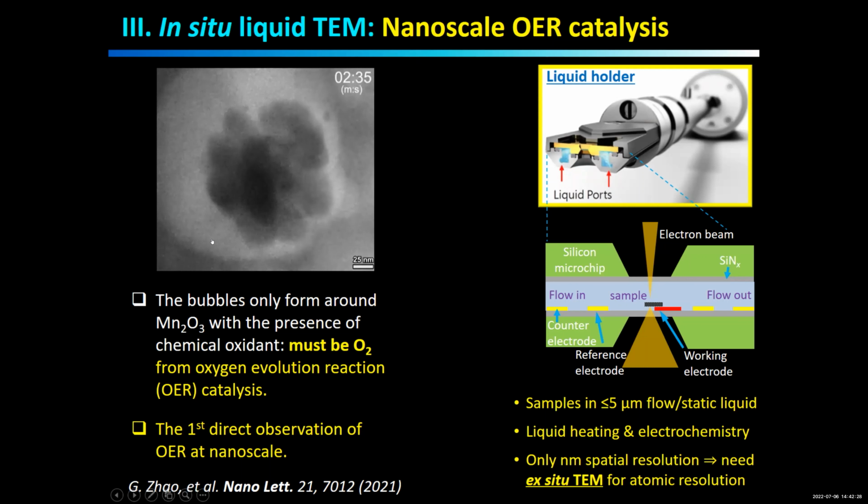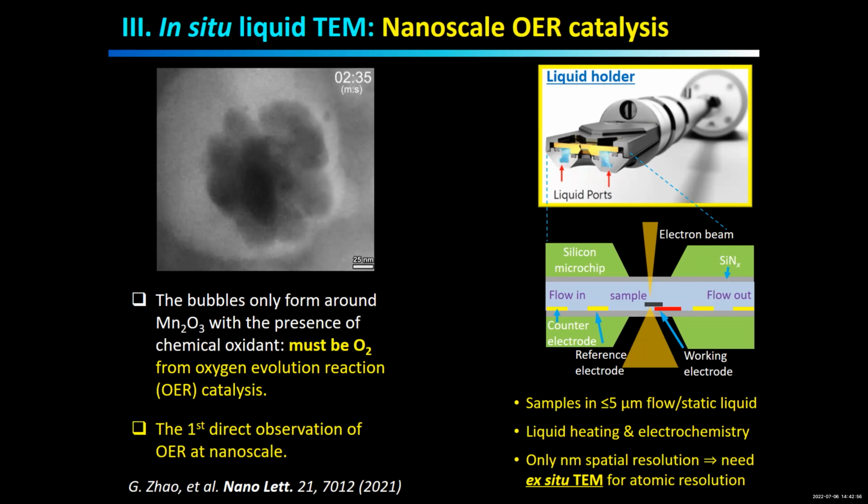Okay, that's a good question. So even though we are claiming to do the in situ observation, the environment may not be completely the same as the microscopic measurements, the reaction environment. So in terms of OER, for example, the liquid thickness is limited to be 5 micrometer. If it's thicker than that, we will see nothing.